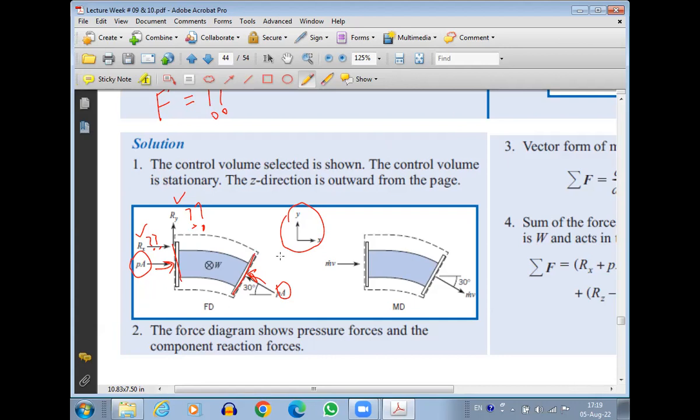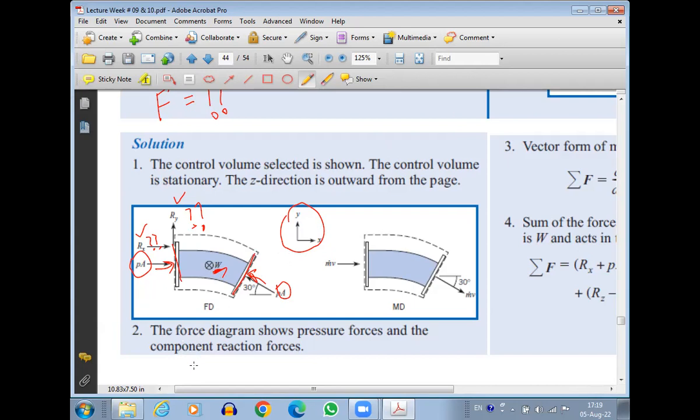Weight is going to act vertically downward. So it should be the Z direction, if Z is downward. X and Y are both horizontal. So in this problem, we are going to have X, Y, and Z, all three components.